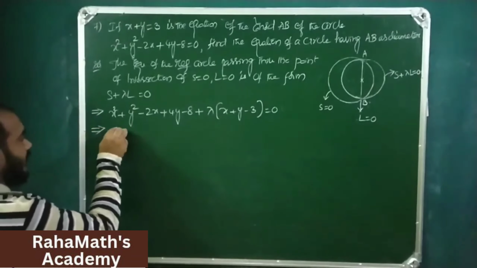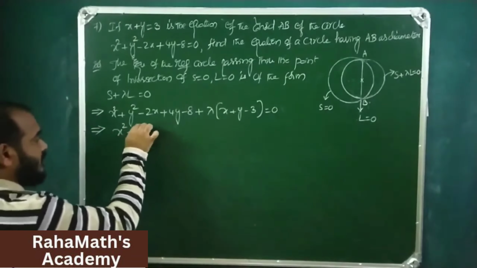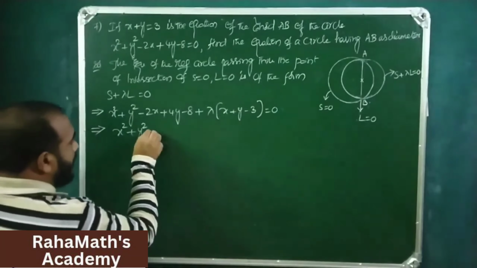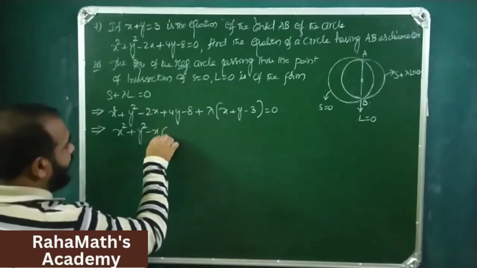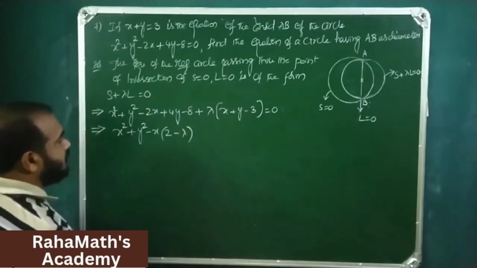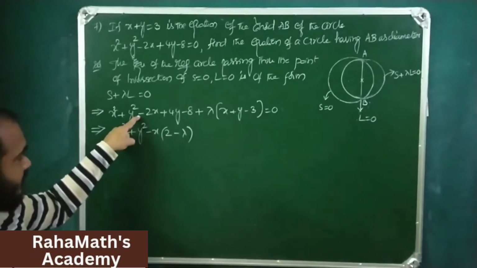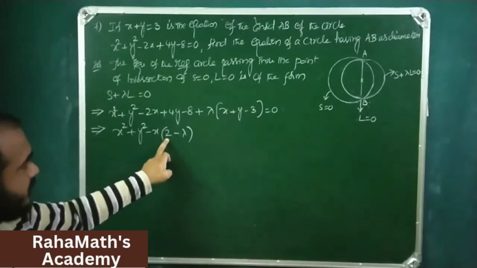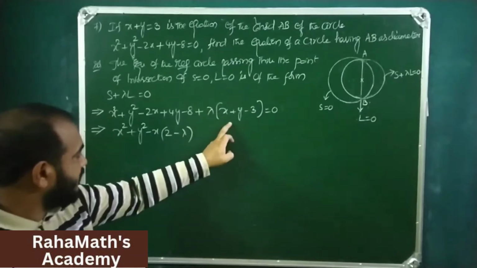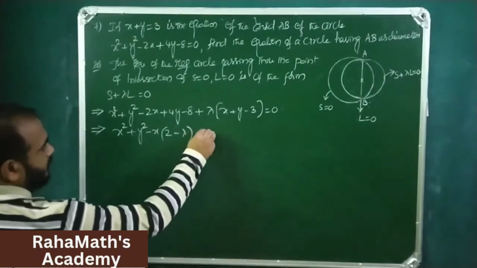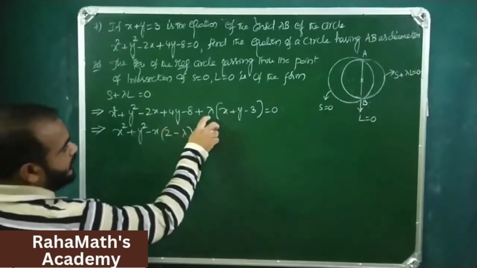That implies x square plus y square minus 2x plus lambda x. If I take minus x common, this is 2 minus lambda. Then plus 4y plus lambda y.